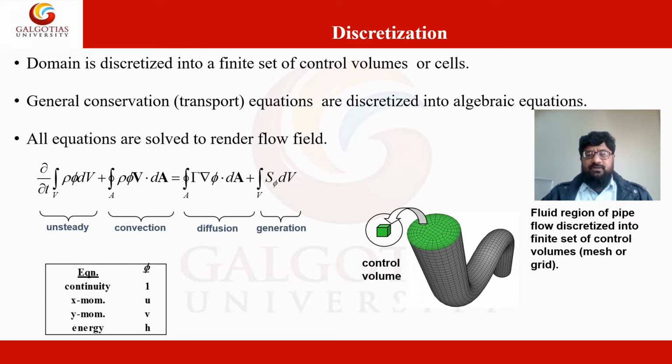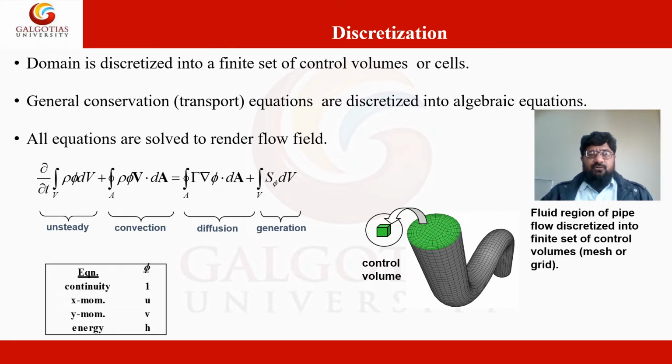So all of the domain is broken into a finite set of control volumes, which in CFD terminology are called mesh or grid. On all these control volumes or mesh cells, the general conservation equations are solved.